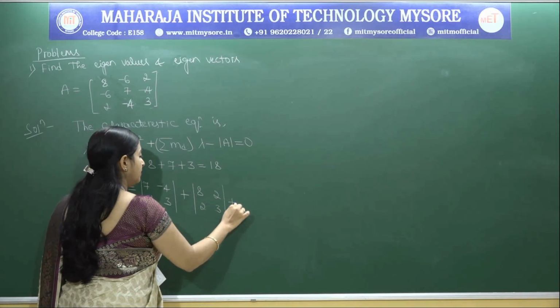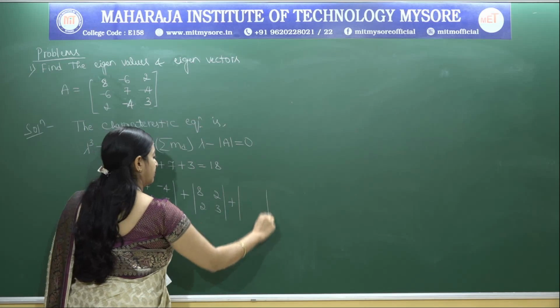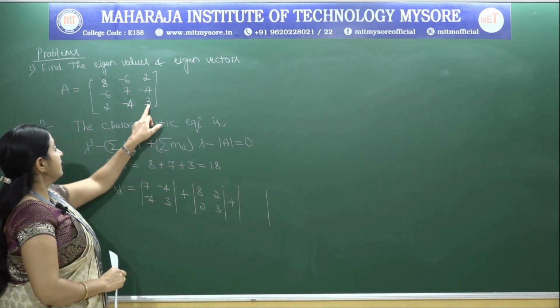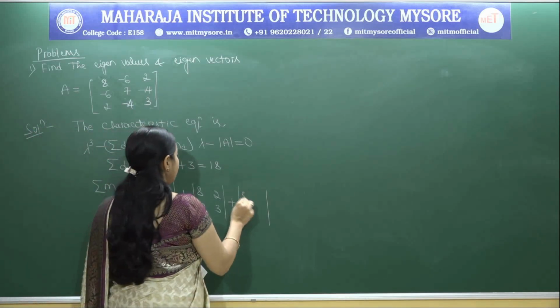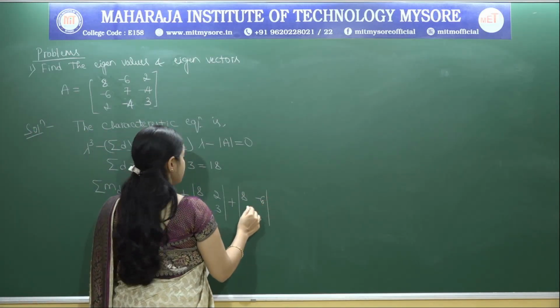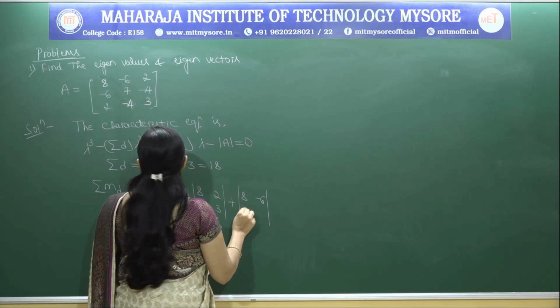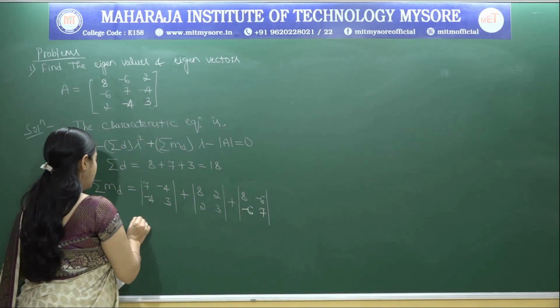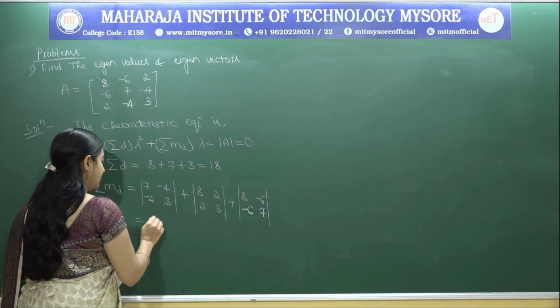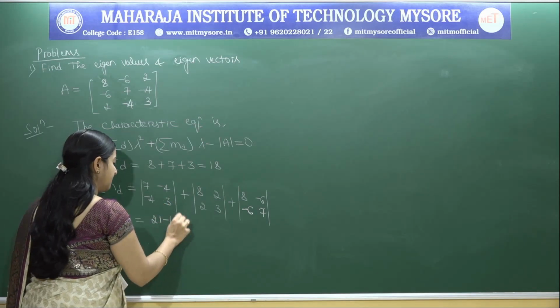So the third one, this is the diagonal entry, delete this row and column, take the determinant of 8, minus 6 and 7. So take the determinant. So the first one, it is 21 minus 16.